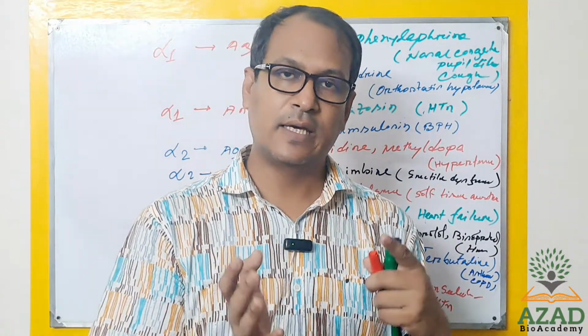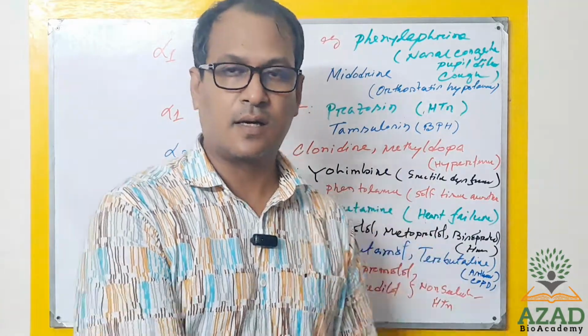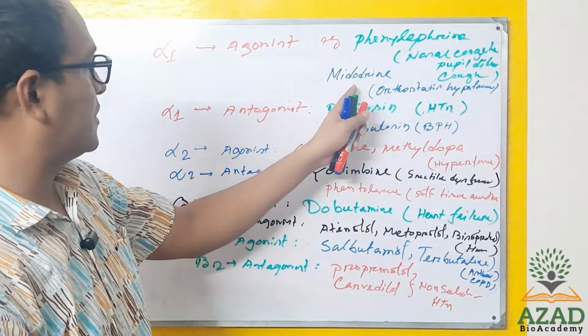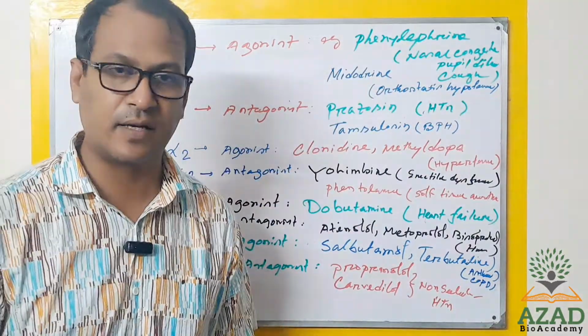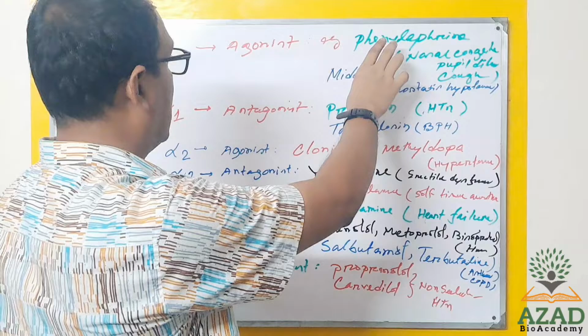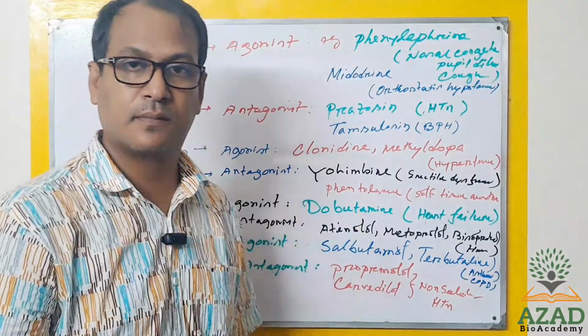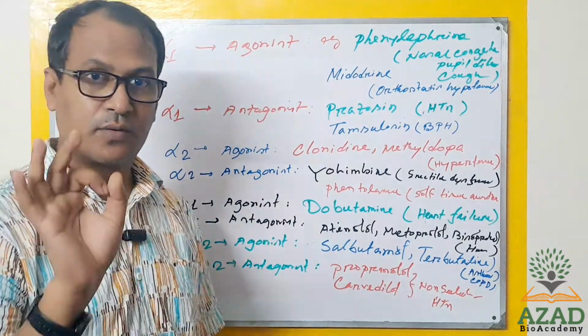Okay, so you will be saved from a sudden accidental problem. Okay, so this is the midodrine. So midodrine and phenylephrine, these are the agonists of alpha 1 receptor. Okay, so this one is alpha 1.